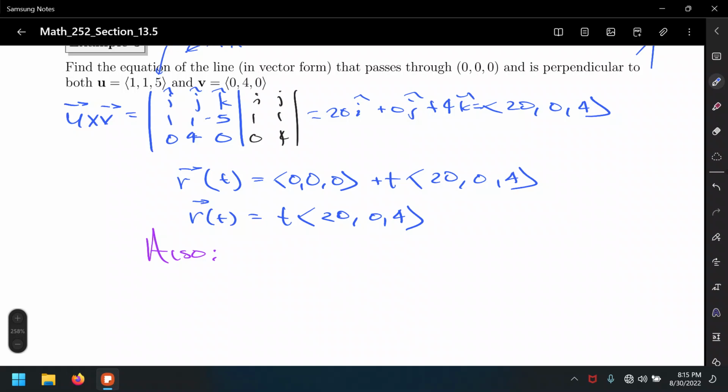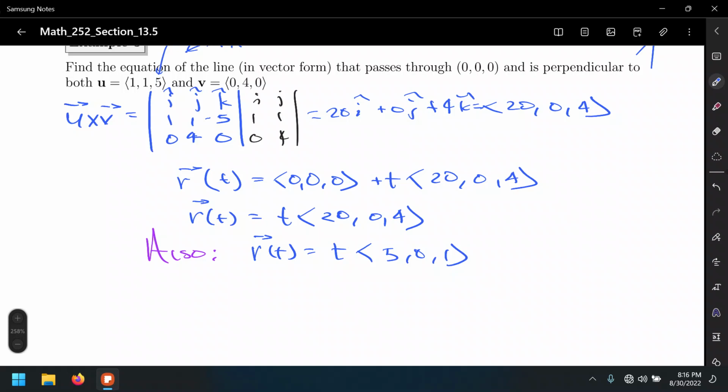We can in a way reduce to lowest terms. It's valid in this case. Why is this fine? Because in this case we're really not caring about the magnitude of this vector. We're only caring about the direction.